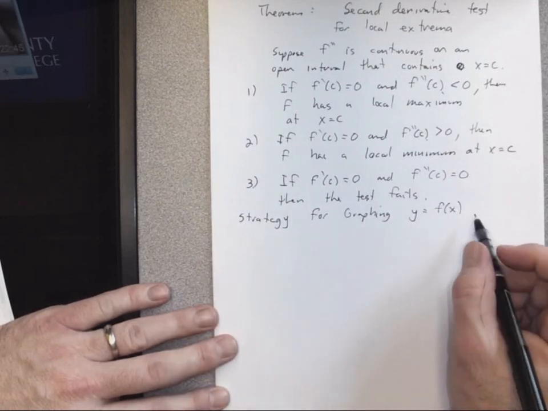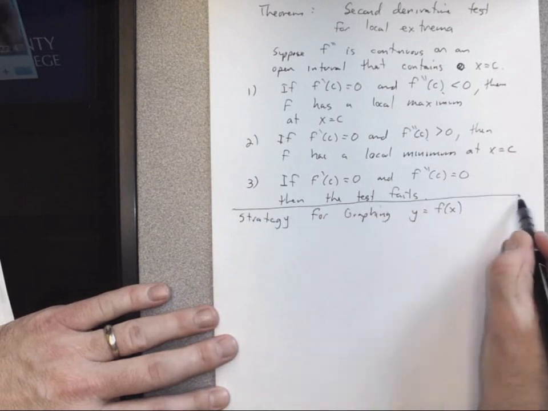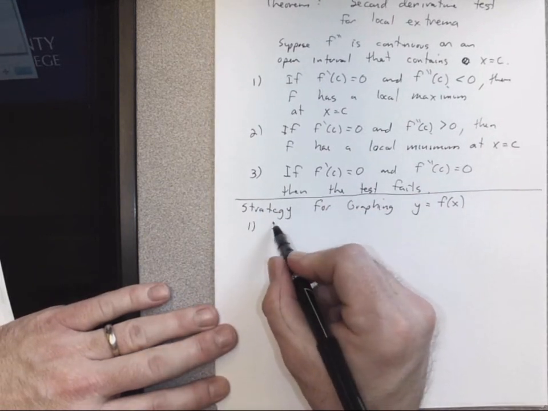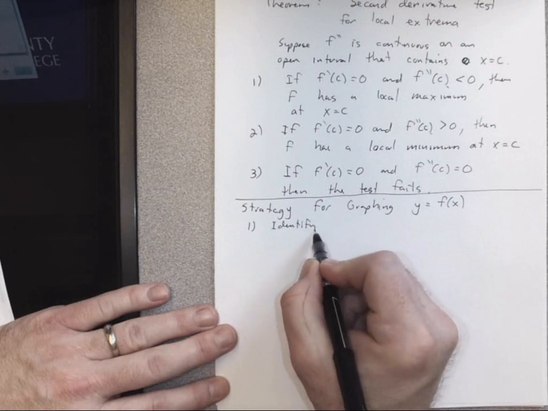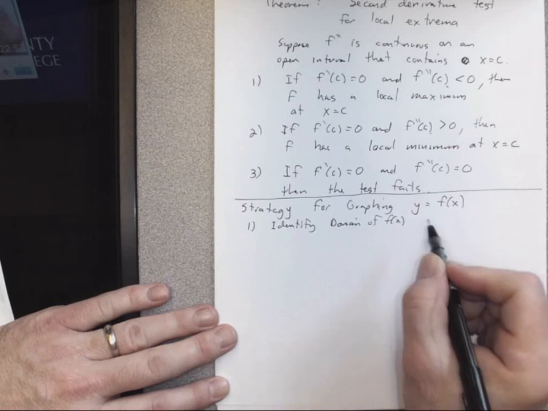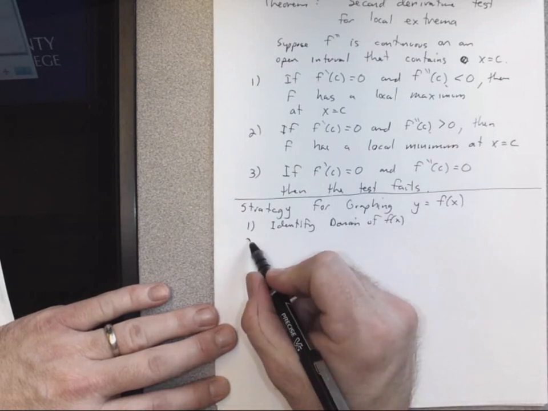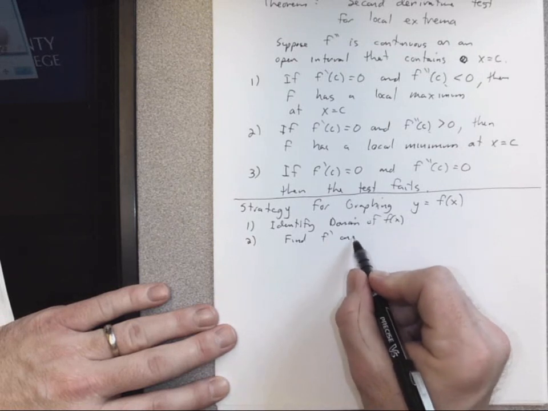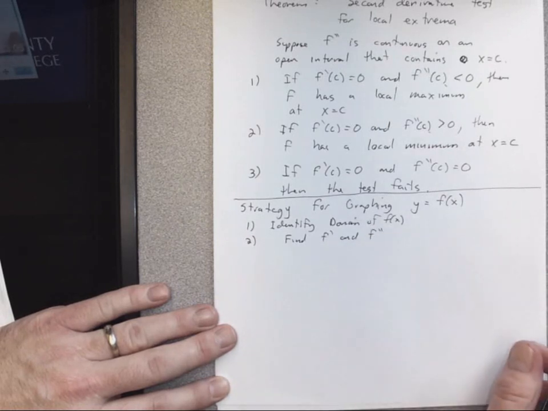So, strategy for graphing f of x. One, we're going to identify the domain of f of x. Two, we're going to find the derivatives. We're going to find f prime and f double prime.